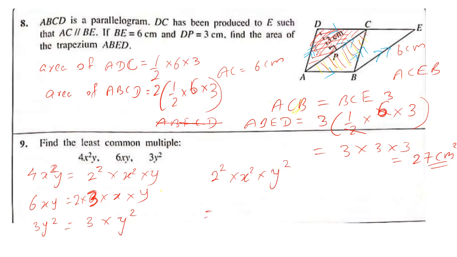So you get 2 squared x squared y squared, and also the maximum power of 3 is 3, right? So then you get 4 into 3 is 12, 12x squared y squared. So this is the answer.